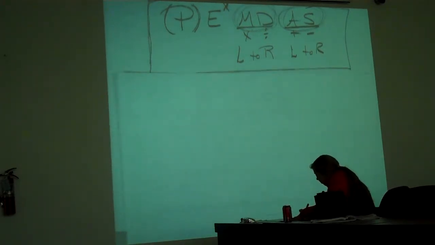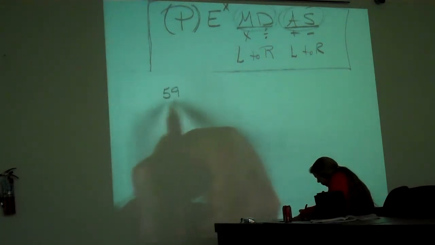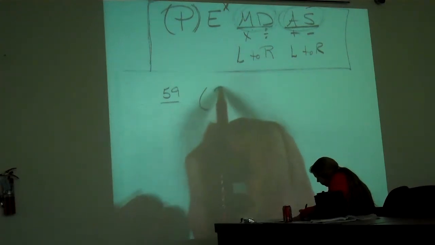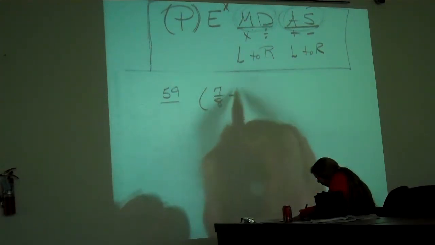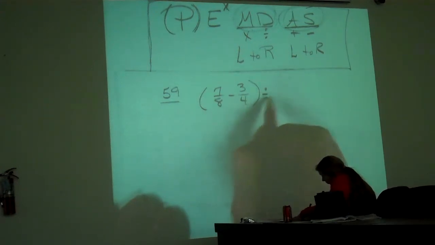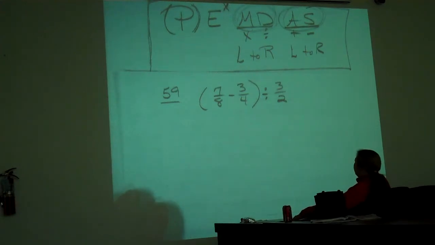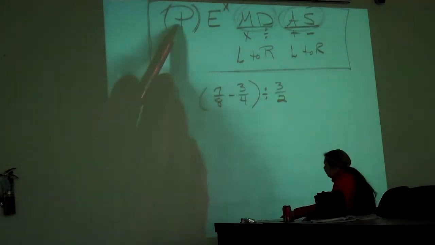Next, let's do another one, number 59 or 61, some of these harder ones, okay? Number 59 has 7/8 minus 3/4 in parentheses, and then divided by 3/2. So the first thing you're gonna do is parentheses, right?